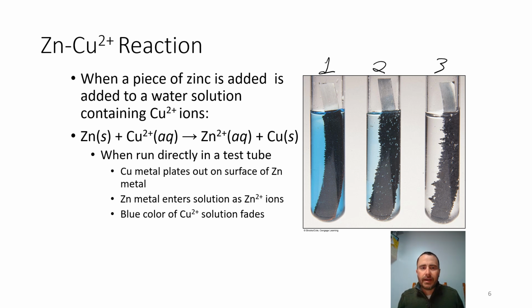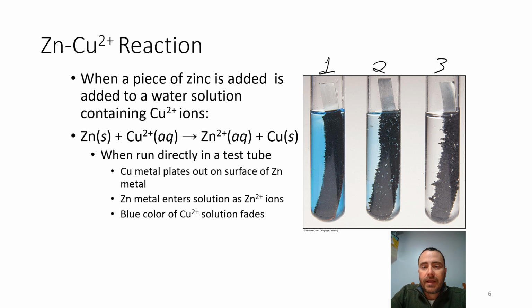All right, well, that's great. The copper-2 is plating out to become copper. But at the same time, in order to go from copper-2 to neutral copper, those copper-2 ions have to be gaining electrons. Well, the only way for that to happen is for the zinc to be losing electrons and becoming zinc 2 cations.